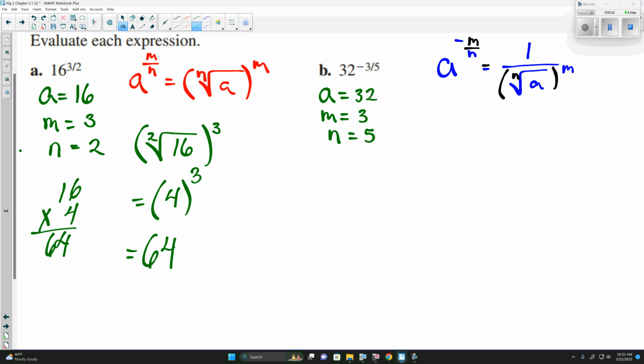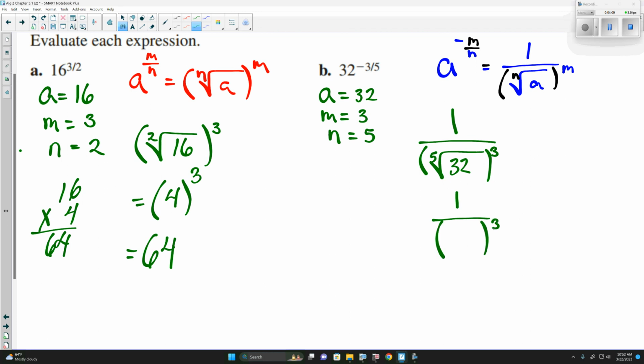If we rewrite this so that we can simplify, we're going to have 1 over parentheses, and we get this because we replace n with 5, a with 32, and m with 3.